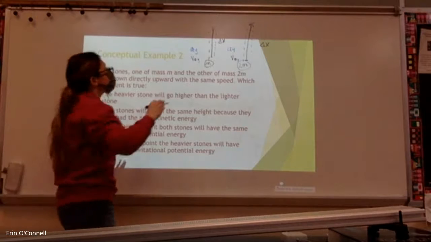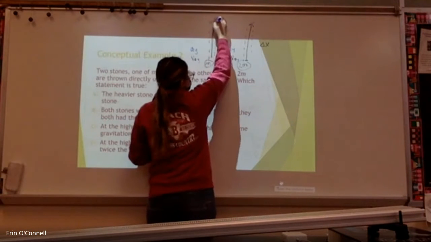We need to compare their max heights, so their position here, delta y and delta y. What else do we know about objects when they reach this position up here? Velocity in the y is 0.